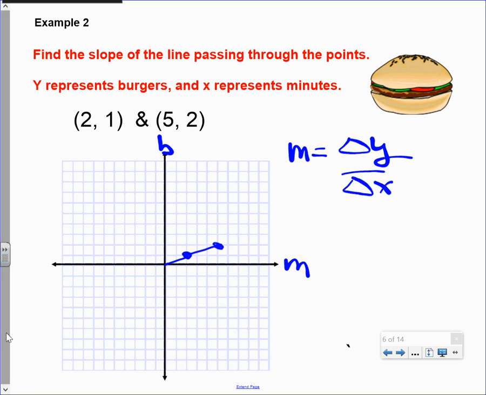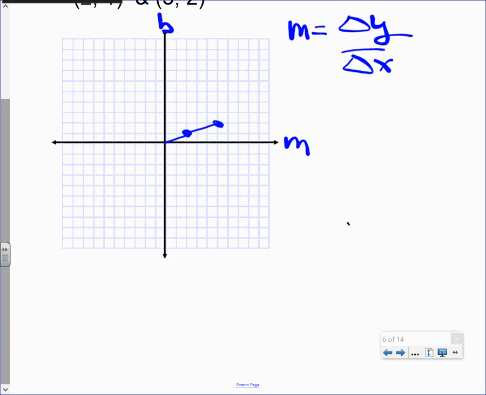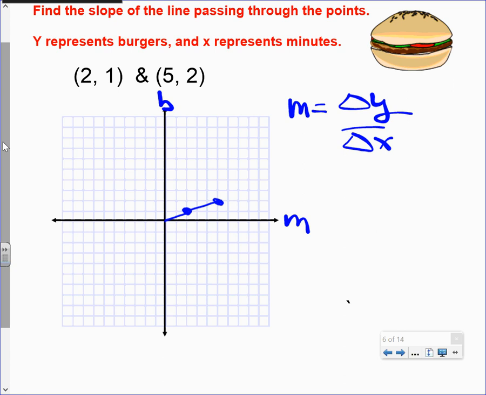We're dealing with B and M. We're dealing with burgers and minutes. So the slope then would be delta burgers over delta minutes instead of y over x. It's a real situation. How fast is Mungia eating these burgers? I'm hacking them down. I'm hungry.